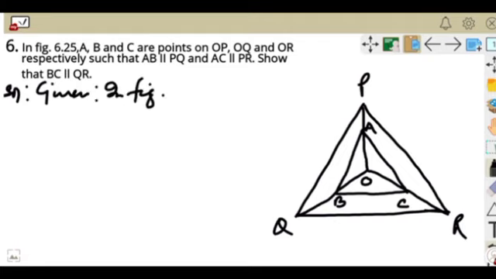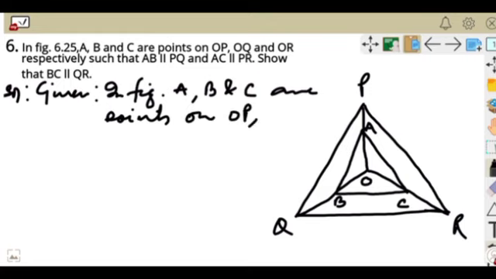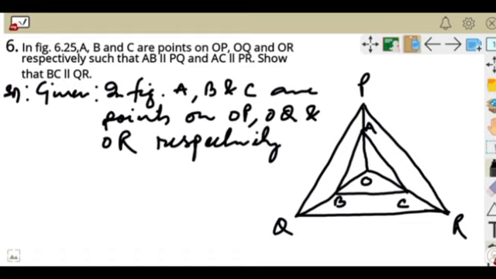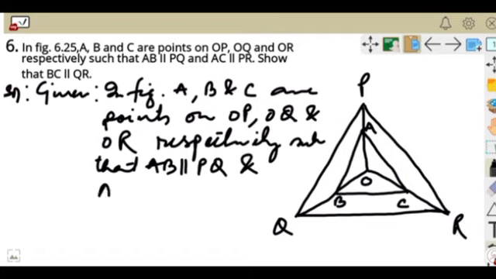In figure, A, B and C are points on OP, OQ and OR respectively, such that AB is parallel to PQ and AC is parallel to PR.